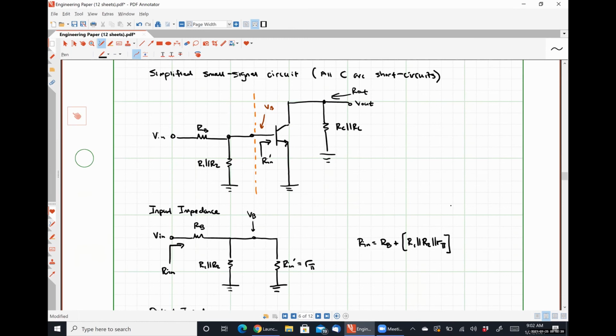Any thoughts? Yeah, so V out over VB will be the same thing as we had earlier, but what earlier case are we talking about here, just to be very specific?